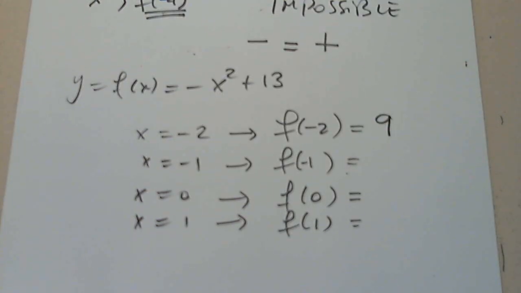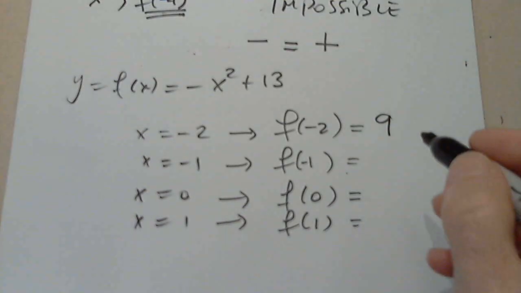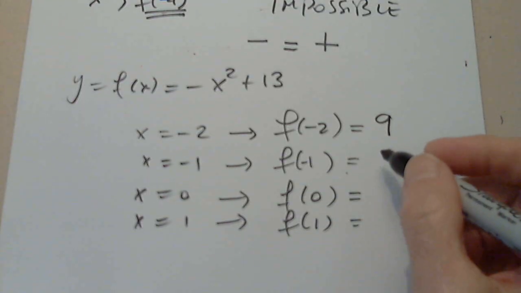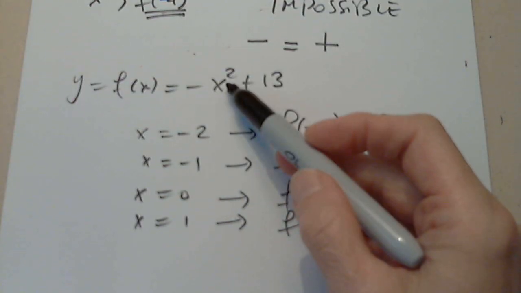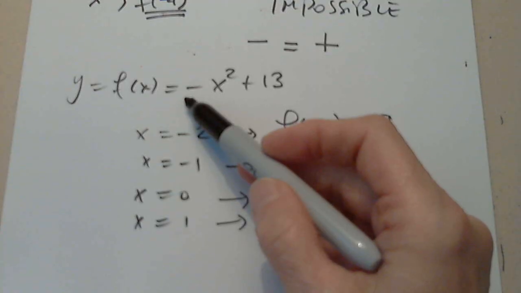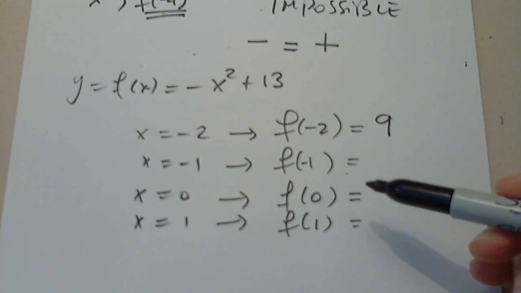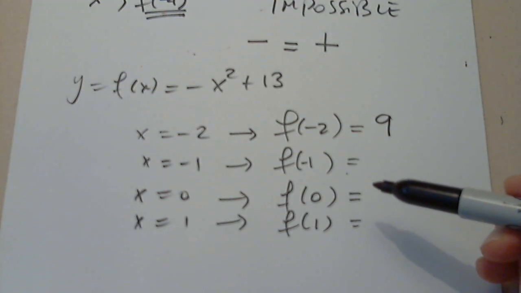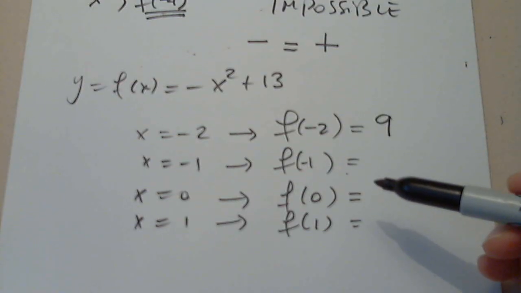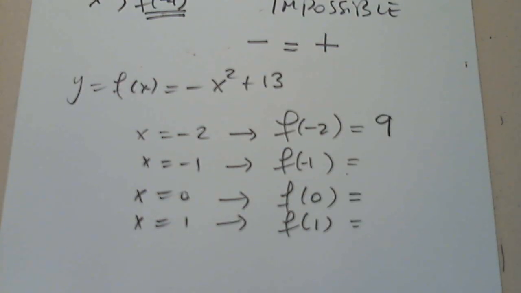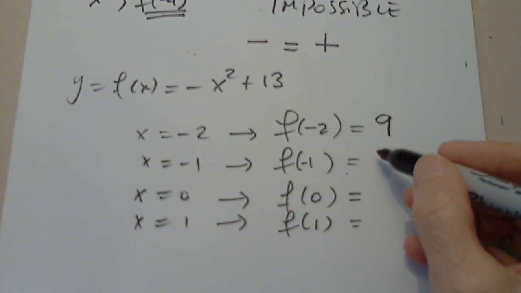F of -1. Can you re-explain that? When I square a negative number, I get positive 4, with minus in front is -4. 13 minus 4 is 9. F of -1, please. Is it 12?